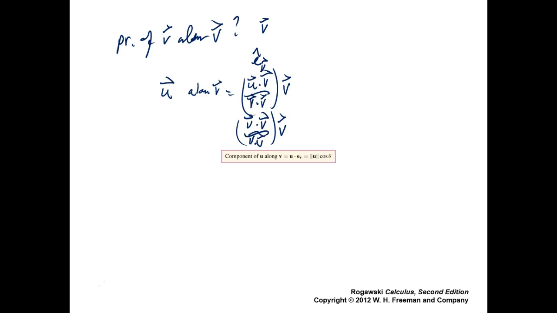No. We substitute. I should have put it up here. Oh, V along V. Yeah, so substitute V for U, and this is exactly 1 times V, so that would be V. Okay.